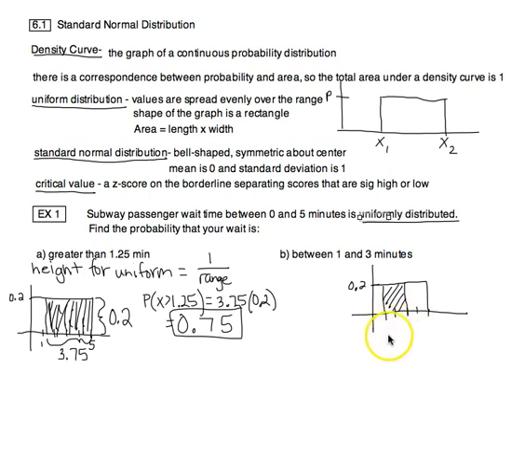And again, our probability is going to equal the length times the height. Of course, you can see this is clearly not drawn to scale because we have different scale on each axis. But this is 2, and this is still 0.2. So our probability of x being between 1 and 3 is going to equal 2 times 0.2, which gives us 0.4.